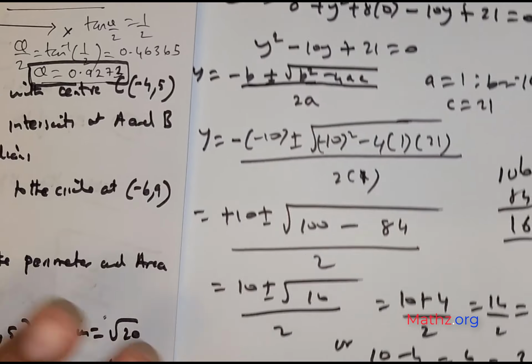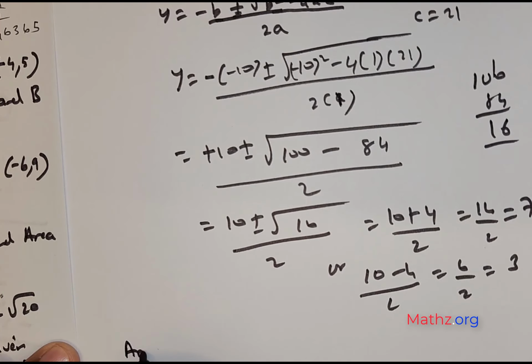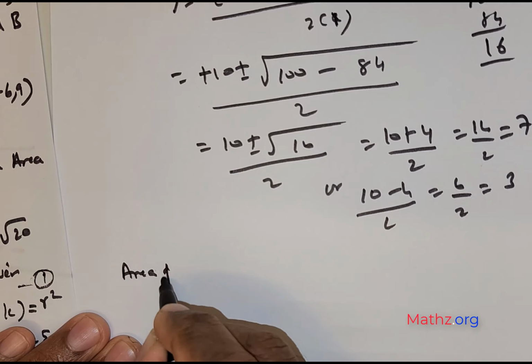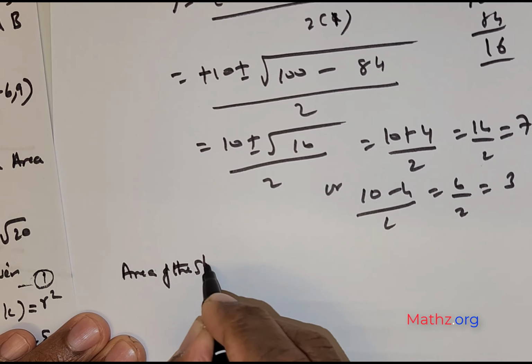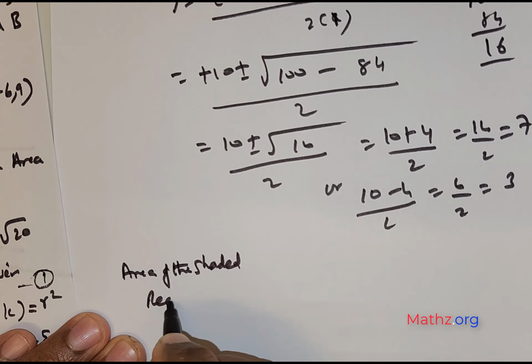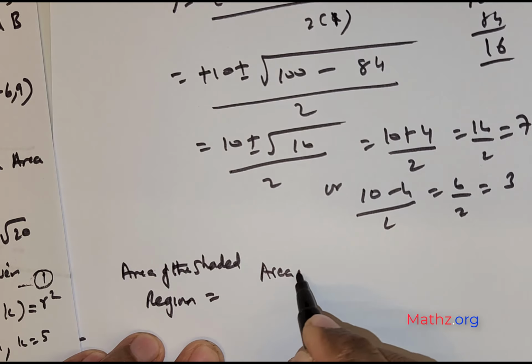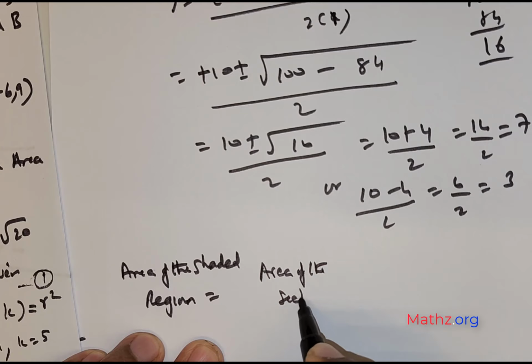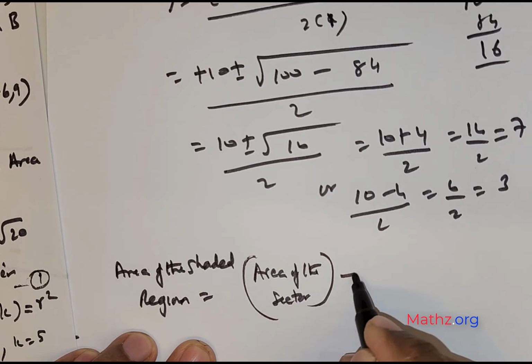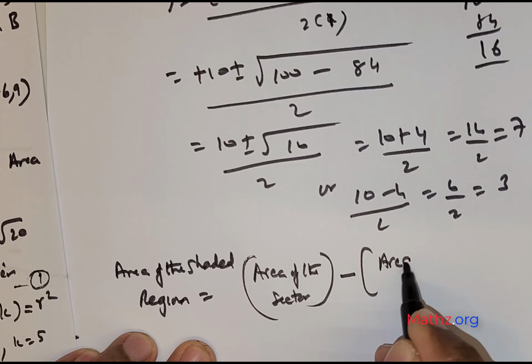So area of the shaded region is equal to area of the sector. From area of the sector we subtract area of the triangle.